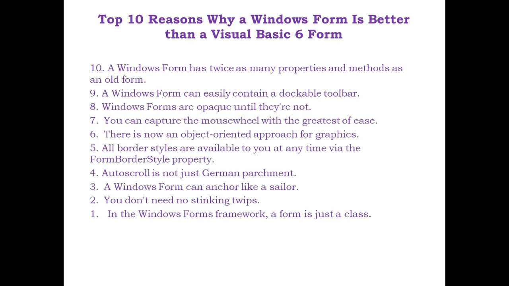Eighth, Windows forms are opaque until they are not. Seventh, you can capture the mouse wheel with the greatest of ease. Sixth, there is now an object-oriented approach for graphics. Fifth, all border styles are available to you at any time via the form border style property.